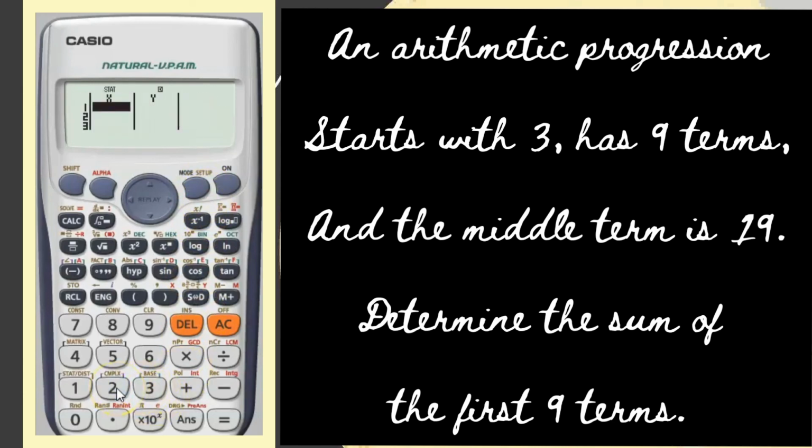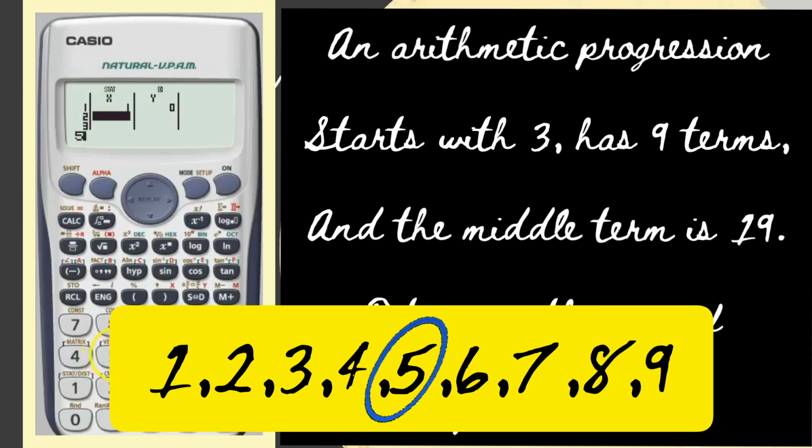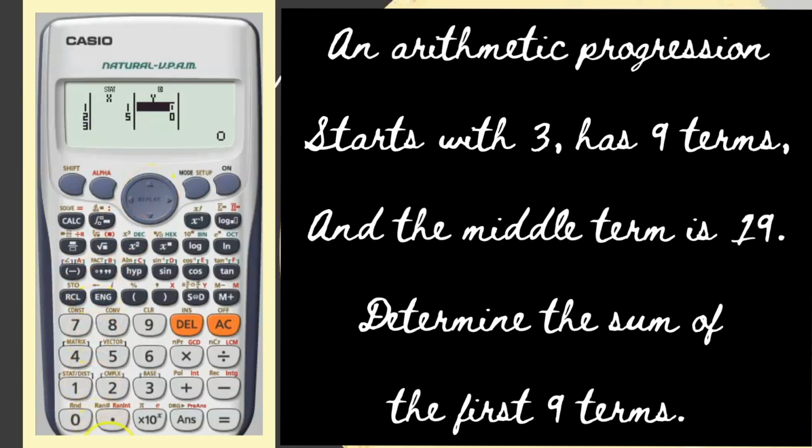Ang sabi doon, starts with 3, so yung first term is 3. And then, yung middle term is 19. Meron daw 9 terms, so yung middle ng 9 terms na yun is pang fifth, yung gitna or middle term. So, yung first term, that is 3, and then yung gitnang term is 19 daw.